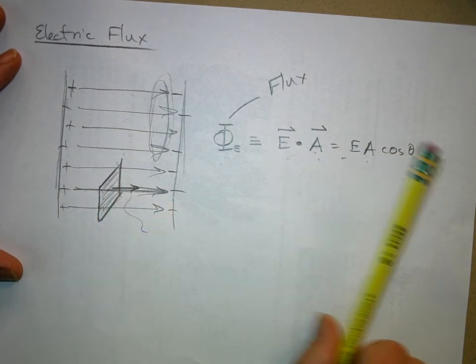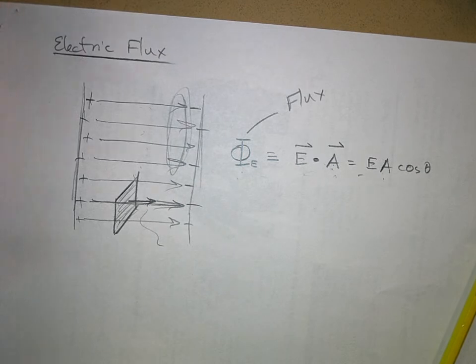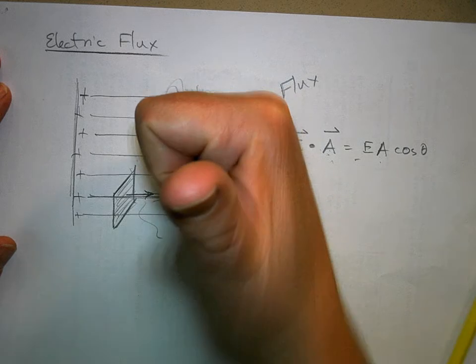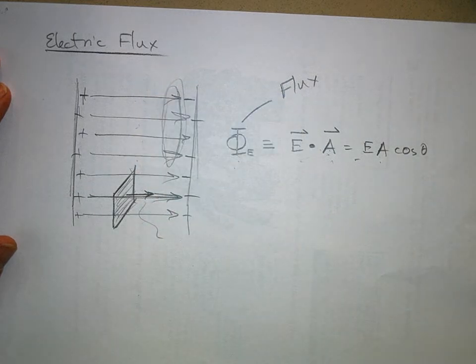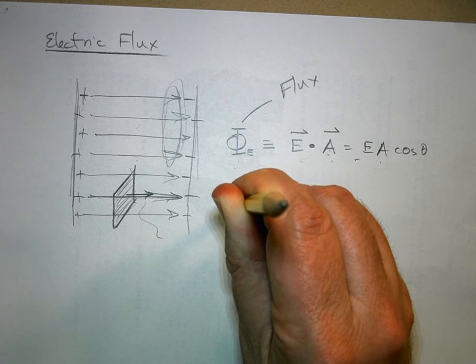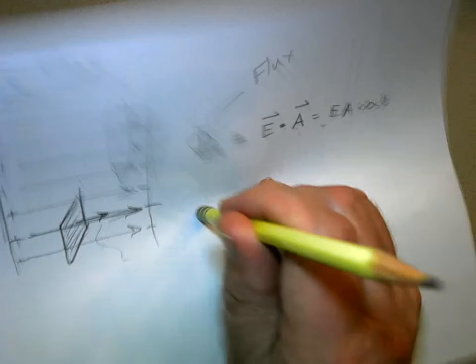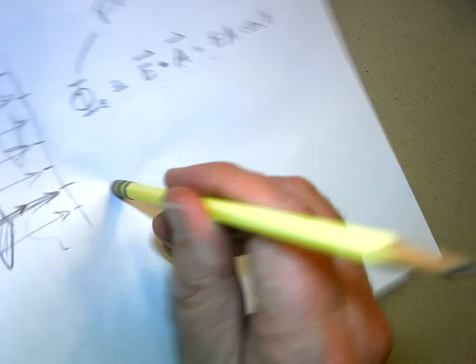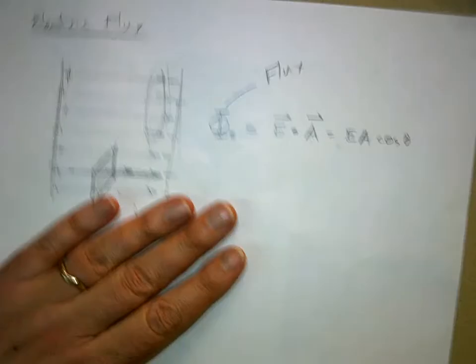If I've got an area, like this piece of paper has an area, the vector that represents its direction is this pencil sticking straight up at you. Okay? If I rotate the paper, I've got to rotate the pencil with it. So the pencil's supposed to be normal to the paper. All right. And represent the direction of the area.